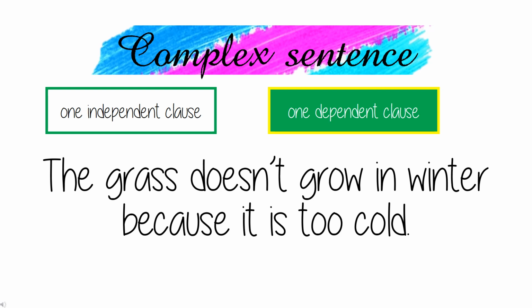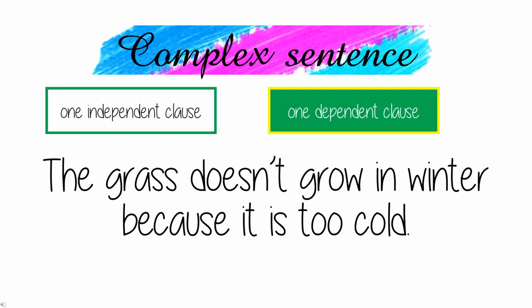The third type of sentence is complex. Complex sentences have at least one independent clause, or one simple sentence, and at least one dependent clause. A dependent clause is not a simple sentence. So, look at the independent clause first.